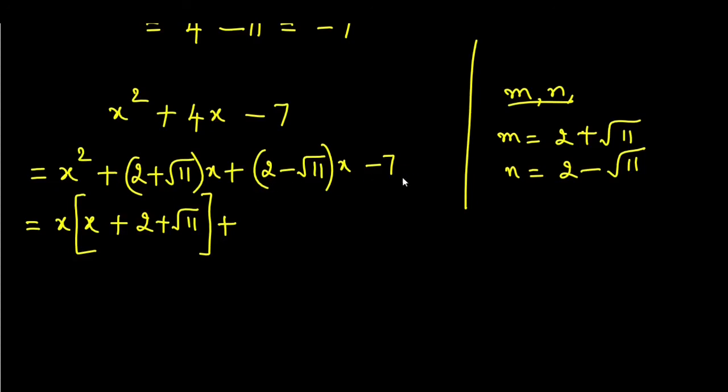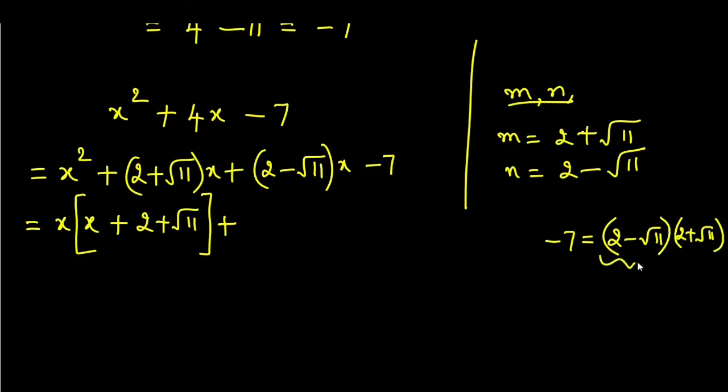In these two terms, here we have 2 minus root 11. Here this is minus 7. Minus 7 can be written as 2 minus root 11 into 2 plus root 11.